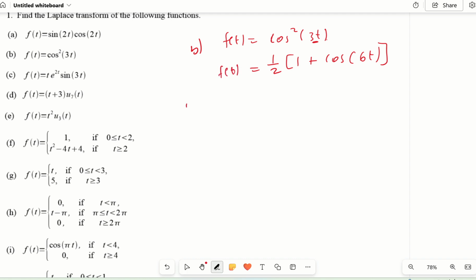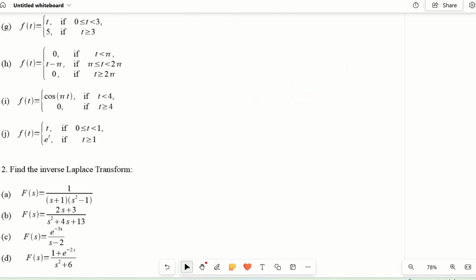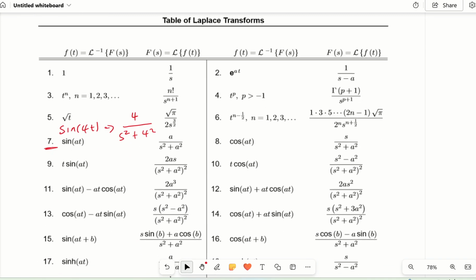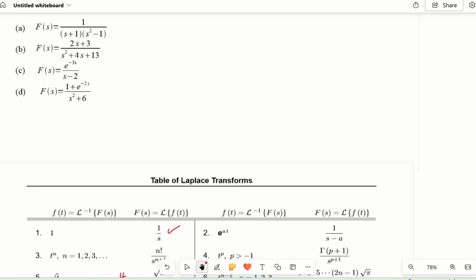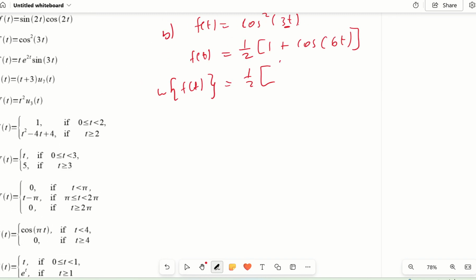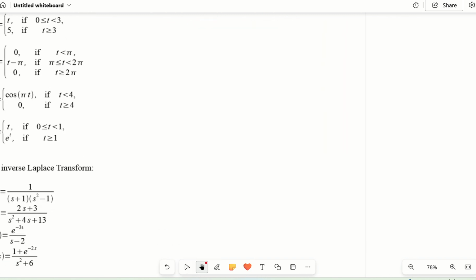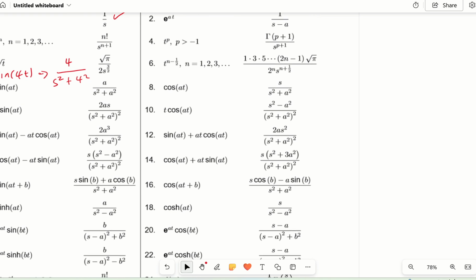And now we introduce Laplace. So I'm just going to write it on the left hand side only, and this is a constant. And if we have a constant 1, let's see, it's going to be this one. We're going to use the first rule. It's going to be 1 over s plus, now we go to cos. Our a is 6 in this case, right?